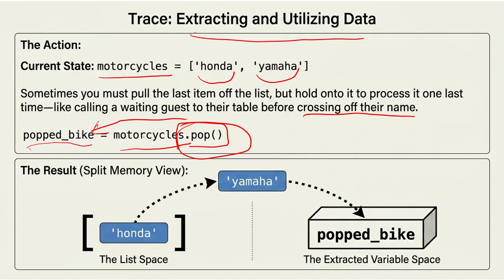So if we call motorcycles.pop, this Yamaha will get removed from the motorcycles list and will get stored in the popped_bike variable. That's what they are mentioning over here. In the list you will be left with only Honda, and Yamaha will be stored in the popped_bike variable.